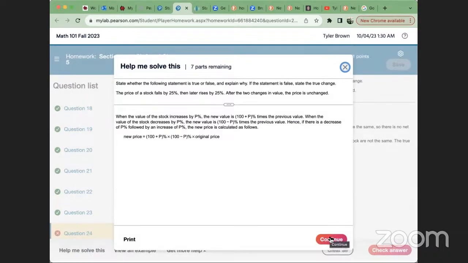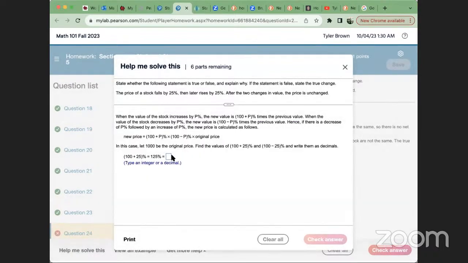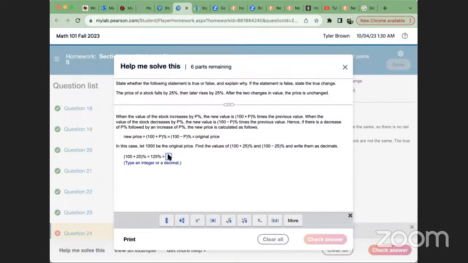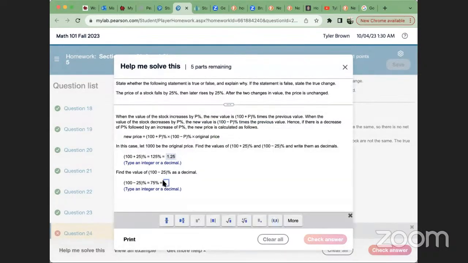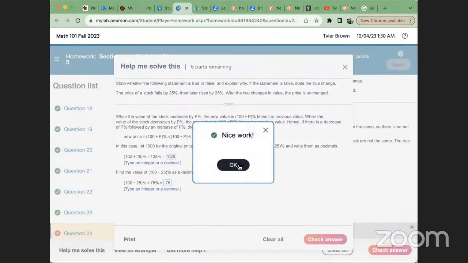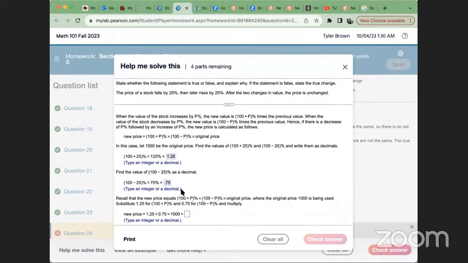Let's go ahead and do this. So I'm doing everything right here usually. I'm gonna do this to show you that I think I'm doing it right. So it's 1.25 and then 0.75, and then get my calculator.